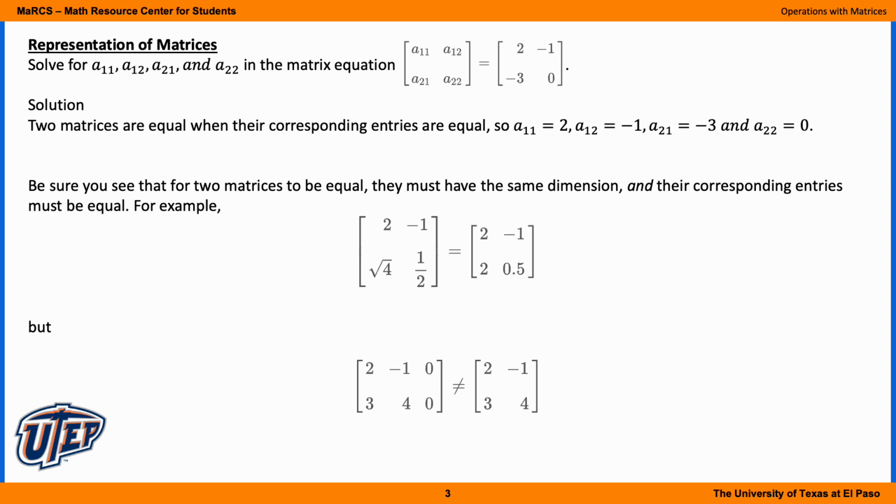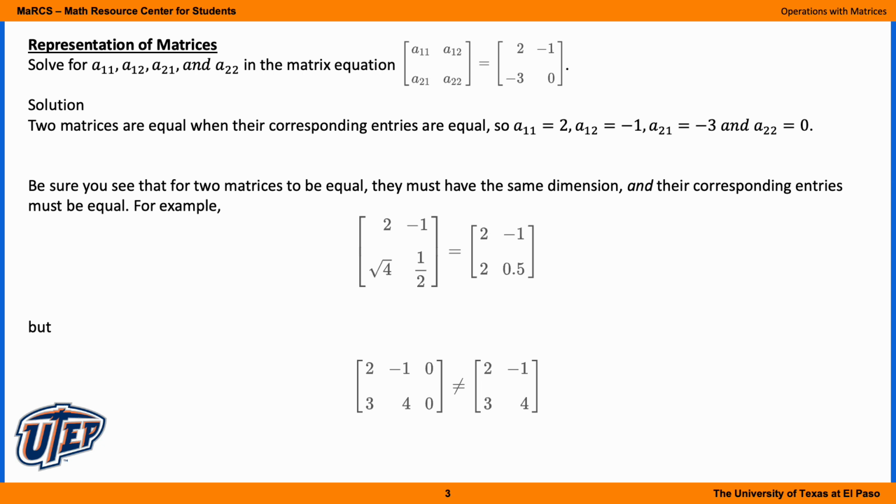So for example, we're given two 2x2 matrices. On the left-hand side, the entries are 2, -1, square root of 4, and 1/2. On the right-hand side, the corresponding entries are 2, so 2 is equal to 2, -1 is equal to -1, the square root of 4 is equal to 2, and 1/2 is equal to 0.5 in decimal form.